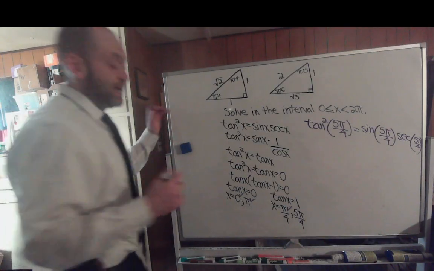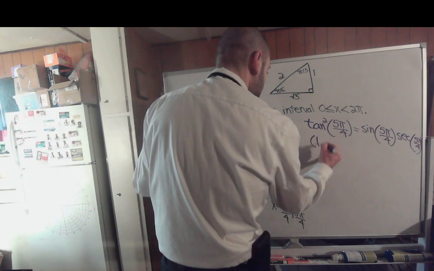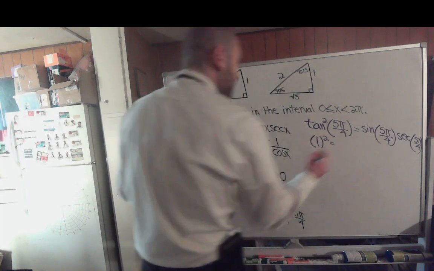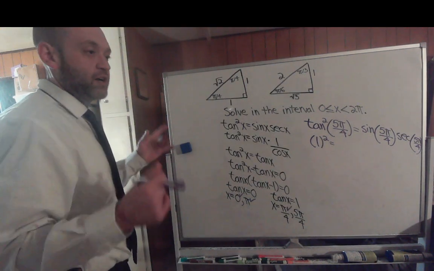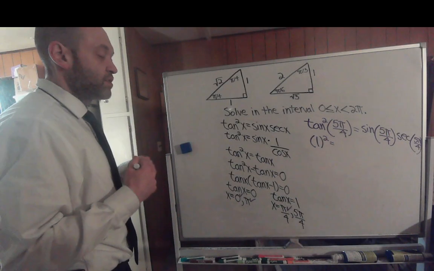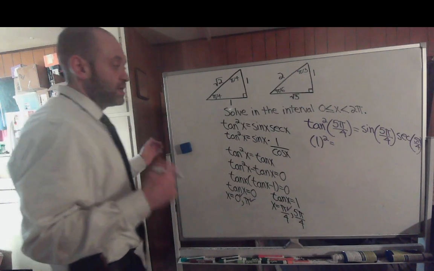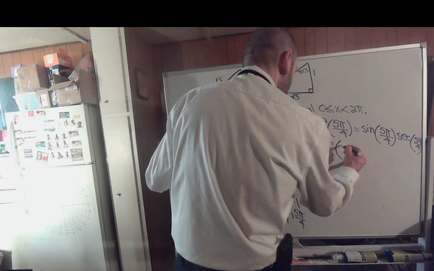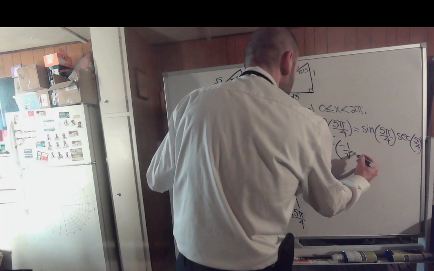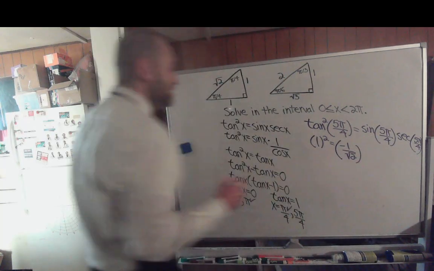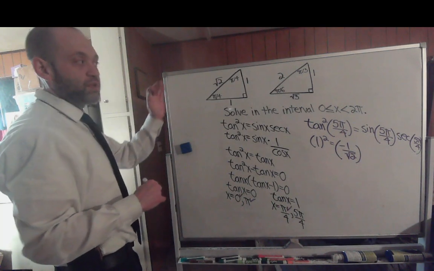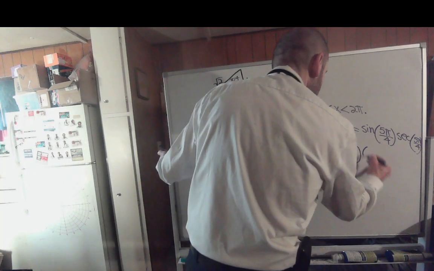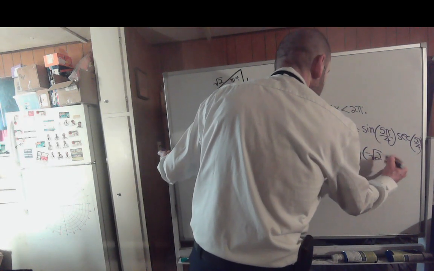That would actually, again, be +1. You'd have +1 to the second power equal to, what's the sine of 5 pi over 4? So keep in mind, this is in the third quadrant. You would end up getting -1 over the square root of 2 times the secant of 5 pi over 4. Also in the third quadrant, you would end up getting times negative the square root of 2.